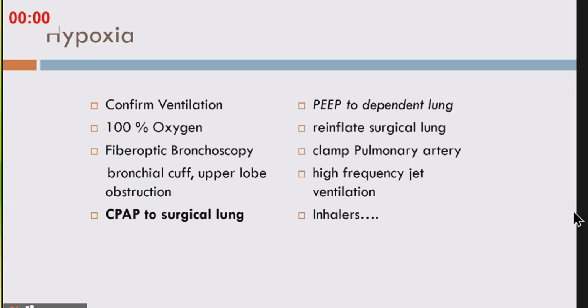PEEP sometimes helps, sometimes doesn't. You just have to play around with it, because if you put the patient on PEEP and you see the saturation go down, you have to decrease it, because as we showed in that lung model, you never know what's going to happen with ventilation perfusion mismatches once the patient's put to the side. I'm out of time. Thank you, guys.